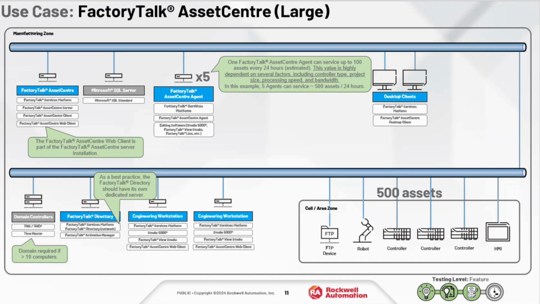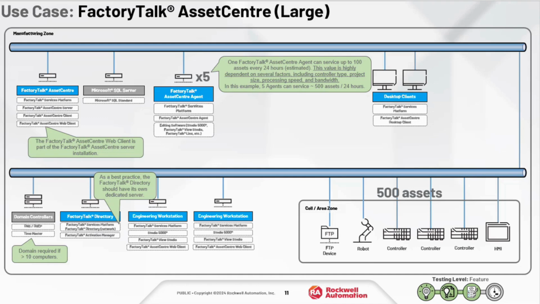So breaking this down, you've got some server level applications across the left side here in your FactoryTalk AssetCentre server, your Microsoft SQL server, and your FactoryTalk directory. So the main reason why they separate these different applications into their own computers is to give users as many fail points as possible in terms of this setup.